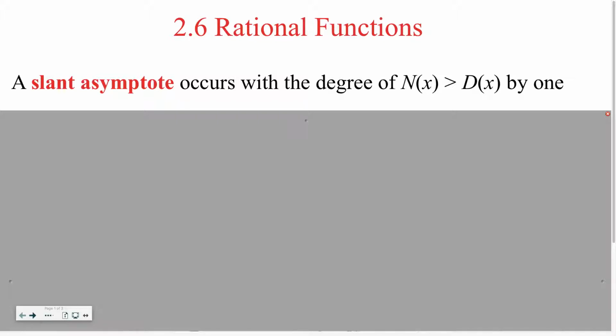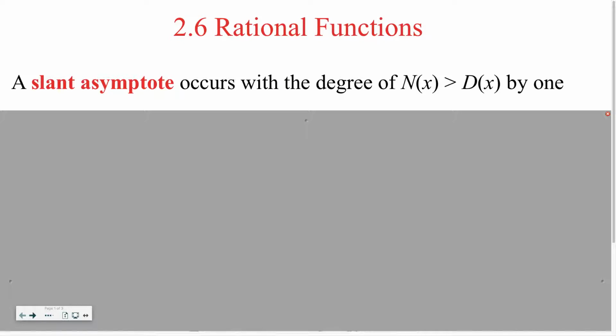Our numerator is larger by 1 degree. If our numerator is larger, what can we do with our fraction? Like if we have 5 halves, we couldn't simplify 5 halves, but we could take 5 and divide it by 2, right?